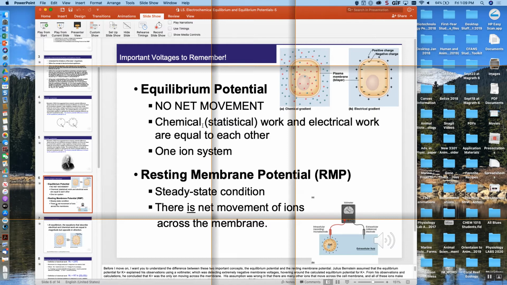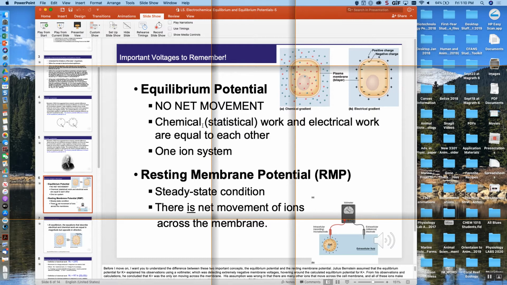Now this isn't a real membrane voltage, so don't get too confused. This is almost just like a parlor trick to help you. Put a negative sign because the resting membrane potential is more negative. These will attract, and sodium will continue to move into the cell down its concentration gradient.